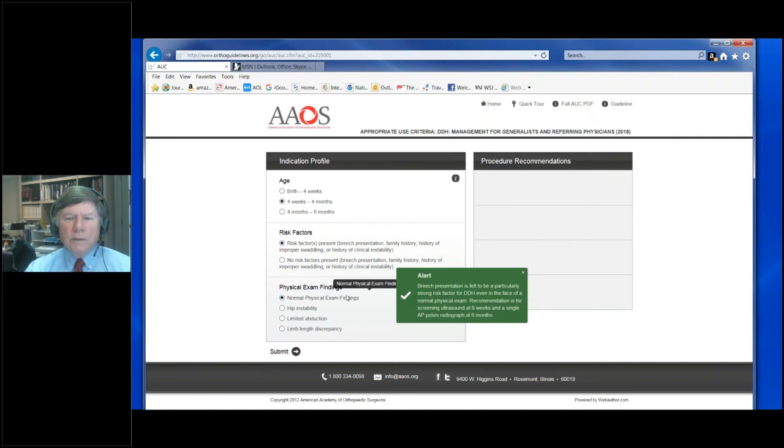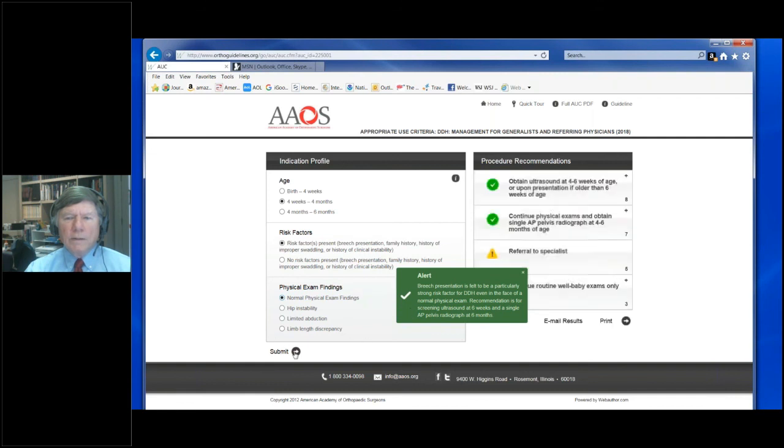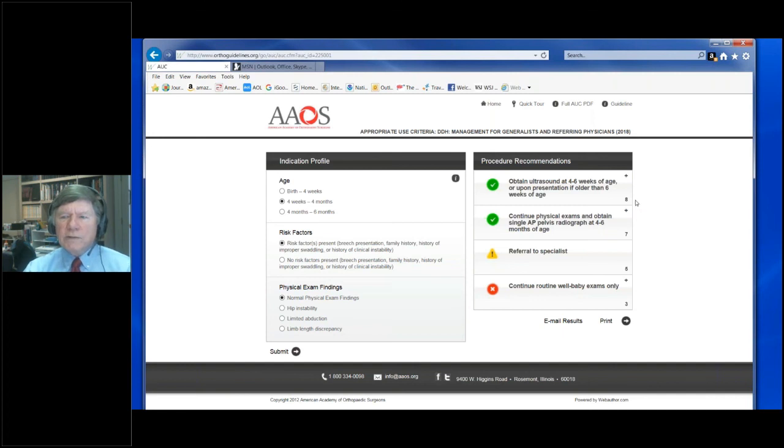Then we're going to submit that, and it'll tell you what your recommendations are. Obtain an ultrasound at 4 to 6 weeks of age, or upon presentation if older than 8 weeks of age. You can also continue physical exams and obtain an AP X-ray of the pelvis at 4 to 6 months of age. And if those are abnormal, then you refer to a specialist.